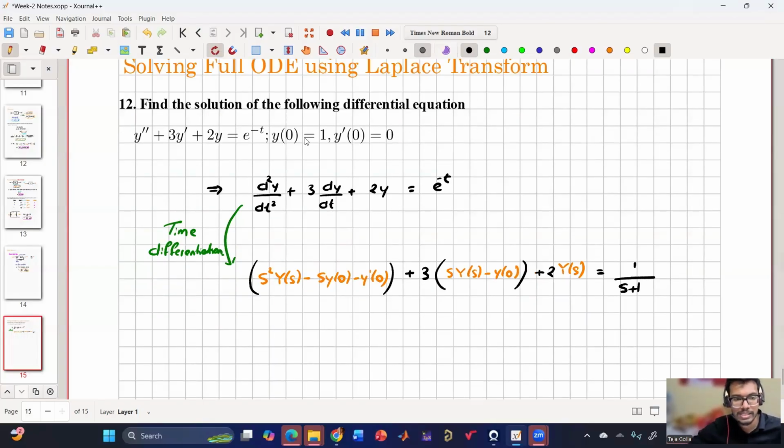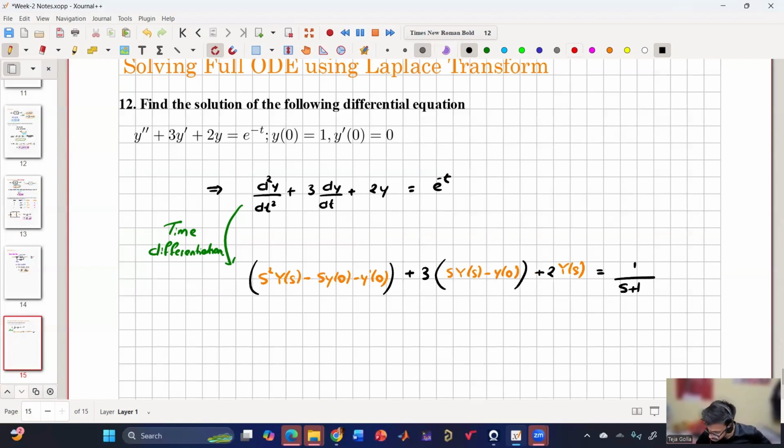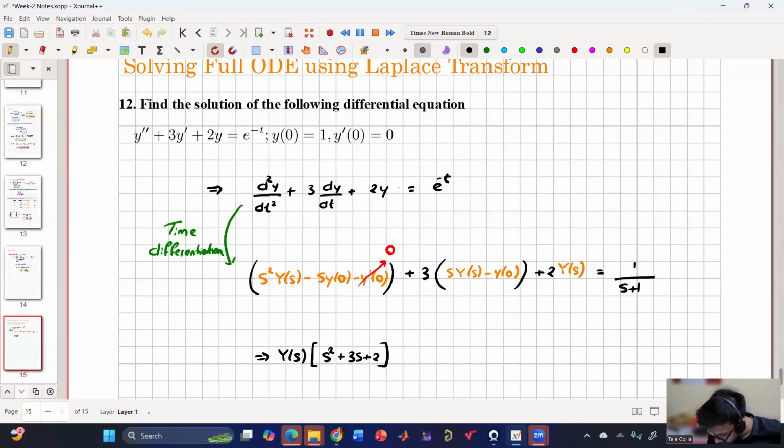So if I combine and substitute y of 0 and y dash of 0, y dash of 0 is 0, so this term will directly vanish. So if I combine the y of s terms first of all, we have y of s into s square plus 3s plus 2, and then minus s into y of 0, which is minus s.